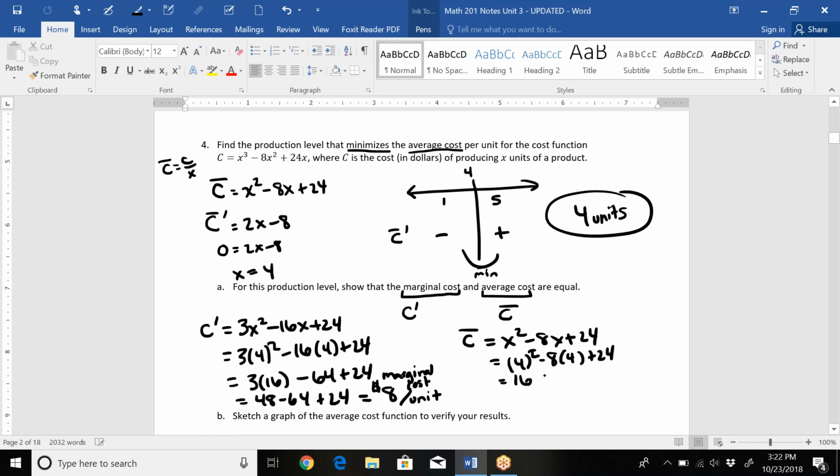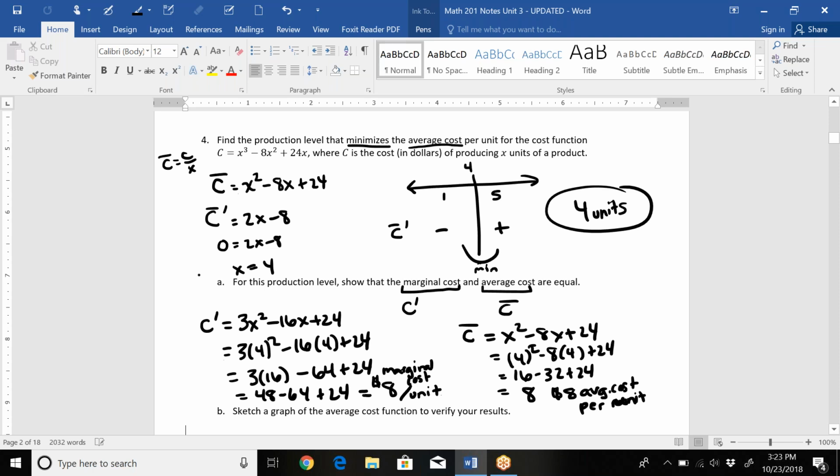That is 16 minus 32 plus 24. That is also going to be 8, and that would be an $8 average cost per unit. So when you have the minimized average cost production level, that's the same as the marginal cost.